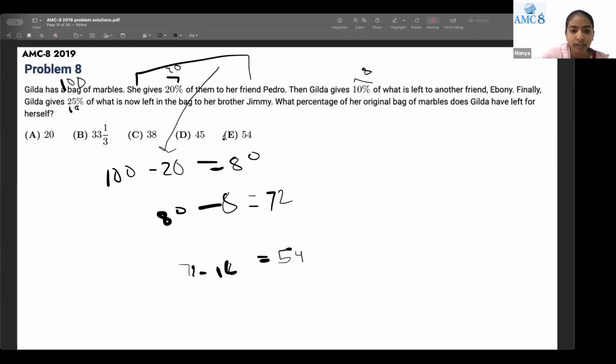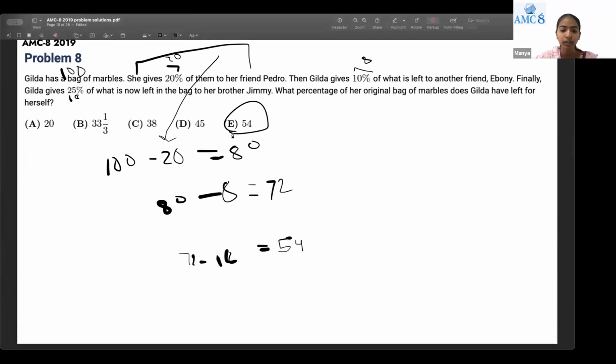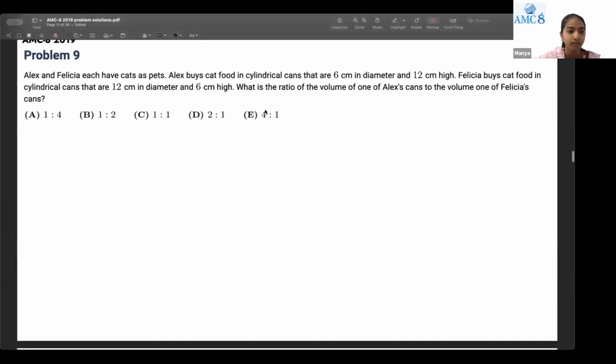And that's how we got our answer choice E, 54. And they're just asking for the percent, so 54 is equal to 54% in this case. So she still has 54% left. And yeah, that's how we got our answer E.